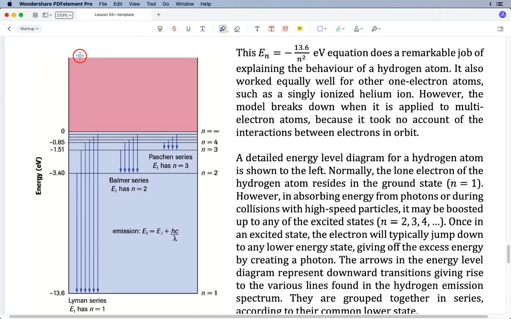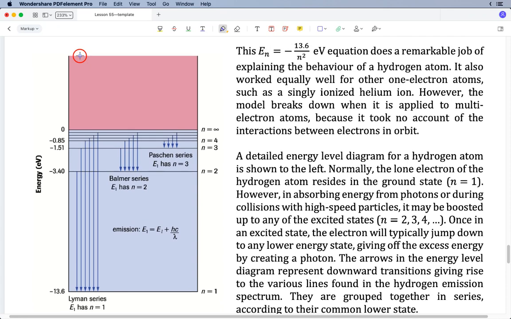Now, let's talk about this energy diagram. So this is the energy level diagram for a hydrogen atom. And what exactly is going on in this diagram? Well, you can see the different energy levels for the different orbits.